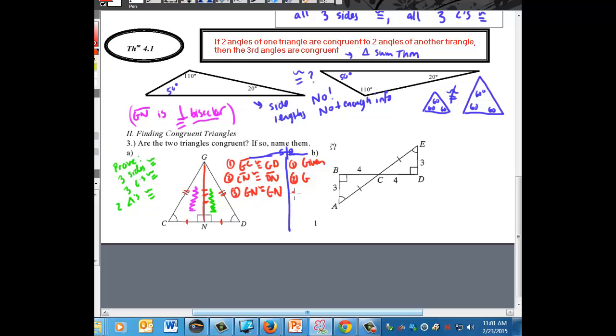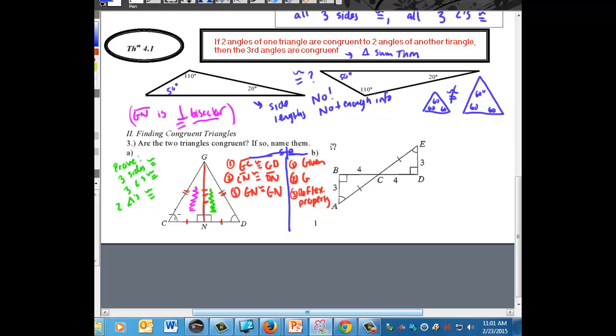And what allows me to do that is called the reflexive property, where you can say that anything is equal to itself. GN is equal to GN. It's shared by both triangles. That's always going to be true. Alright, so I've proven that the three sides are each congruent.